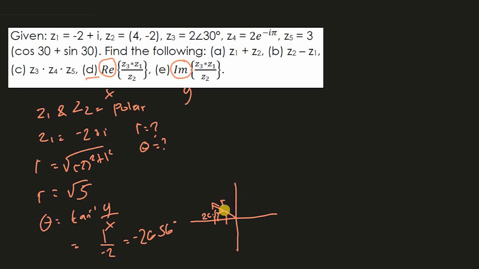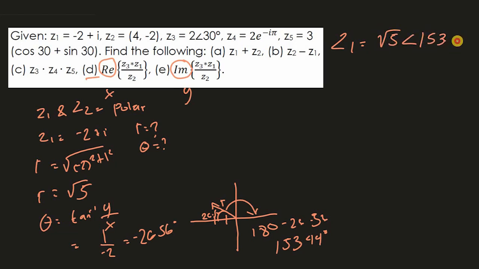Pero yung angle na hinahanap natin is yung angle from dito hanggang dito. So to solve for that, that would be 180 minus 26.56, which is 153.44 degrees. So to rewrite that, Z sub 1 is also equal to R, which is square root of 5, angle 153.44 degrees.